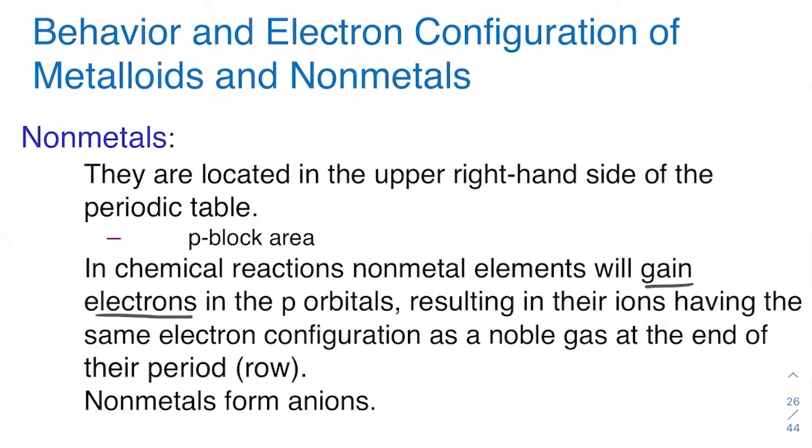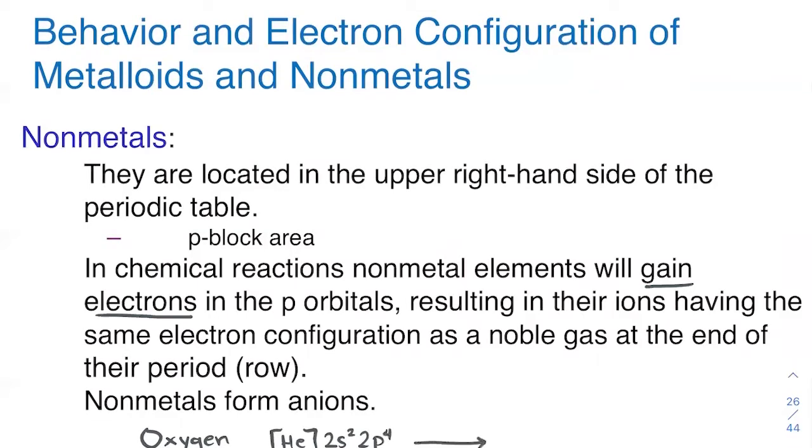So let's look at a different one. I know we mentioned chlorine. Let's just go with oxygen first. Oxygen has an electron configuration of helium 2s2 2p4.